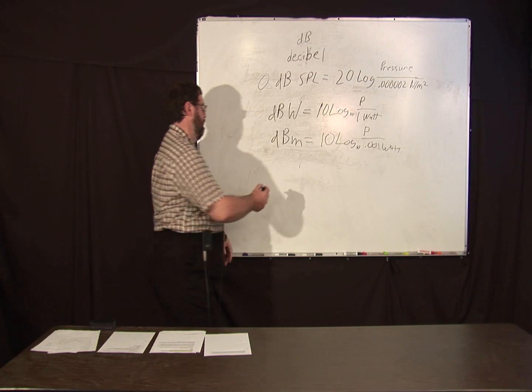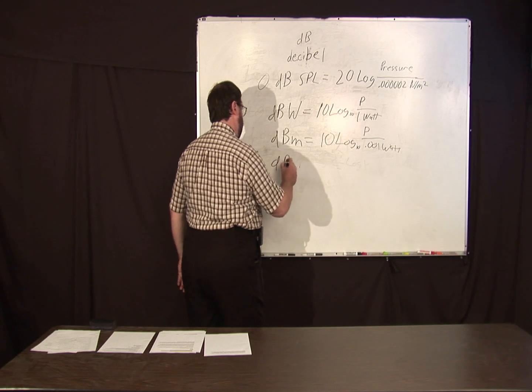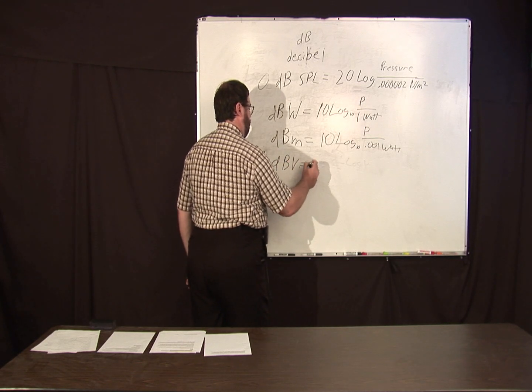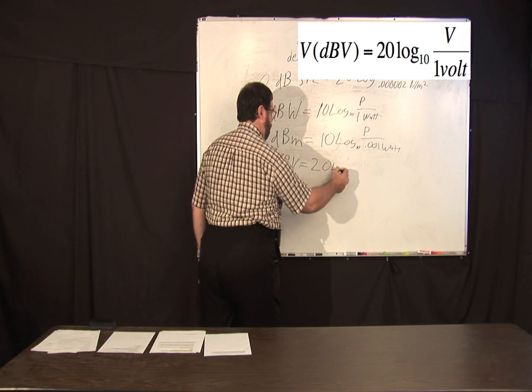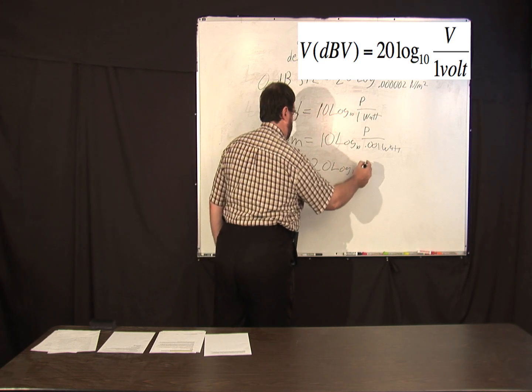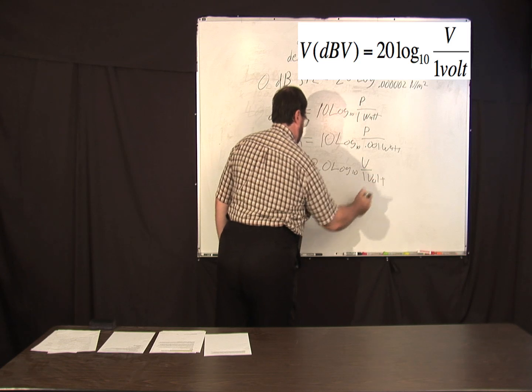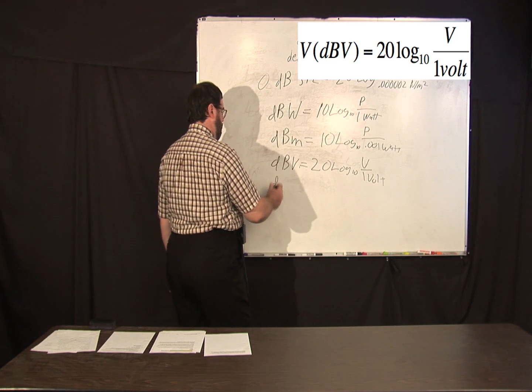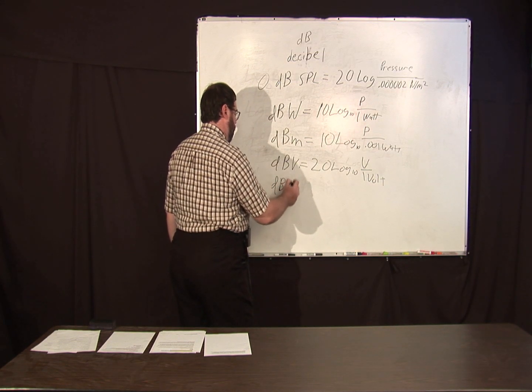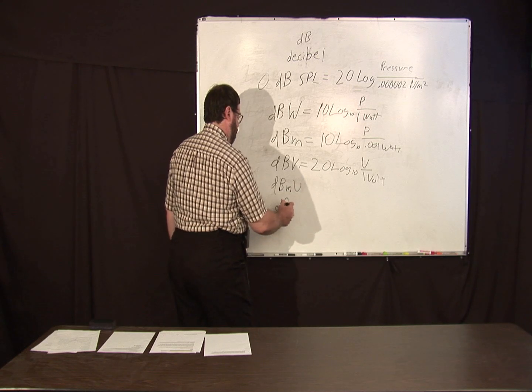You can have also dBV, dB relative to a volt. It's going to be 20 log, because this is voltage, of V over 1 volt. Correspondingly, there's dB millivolts, there's dB microvolts.